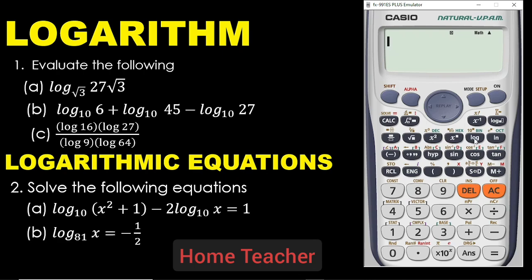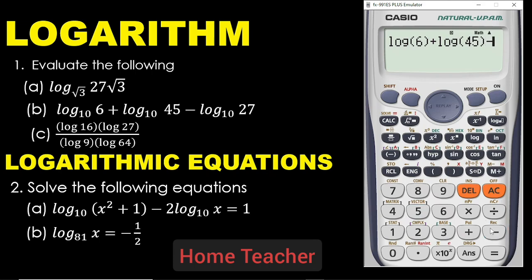So I click log, and then I have 6, and then you close the bracket. Then plus log 45, that is 4, 5, the bracket must be closed.